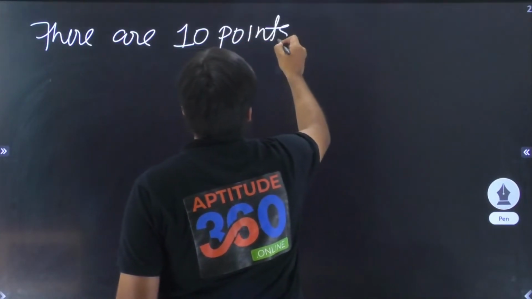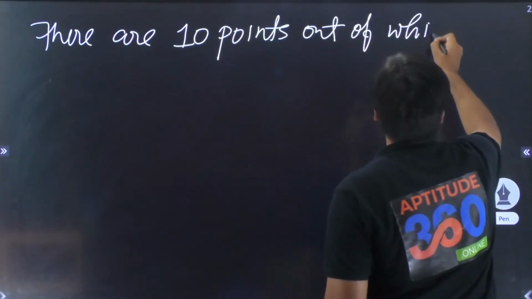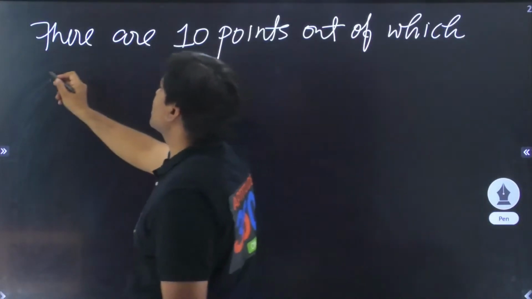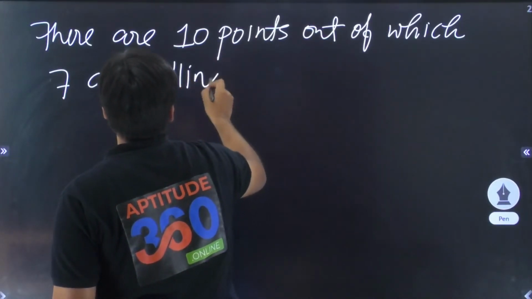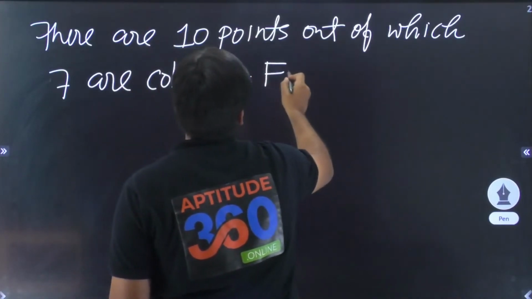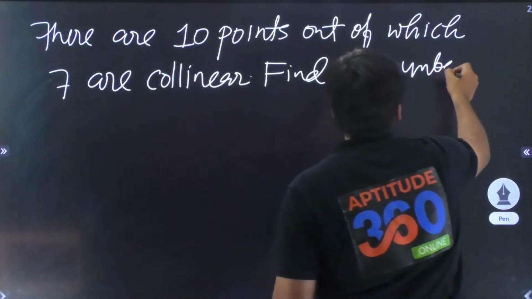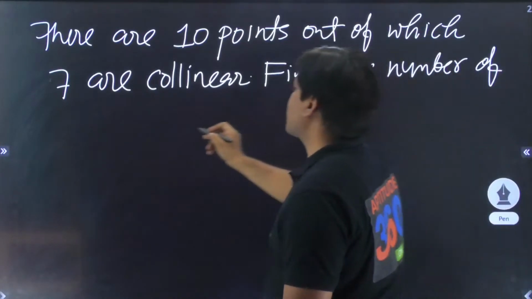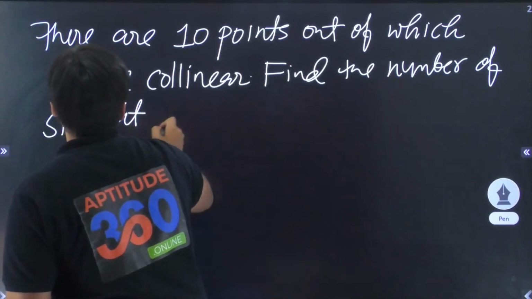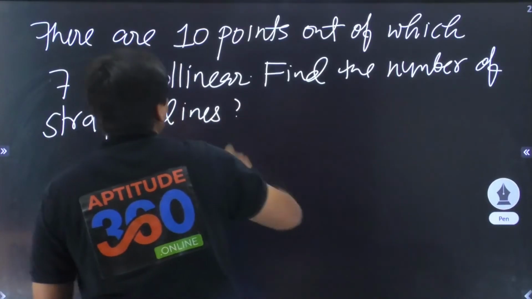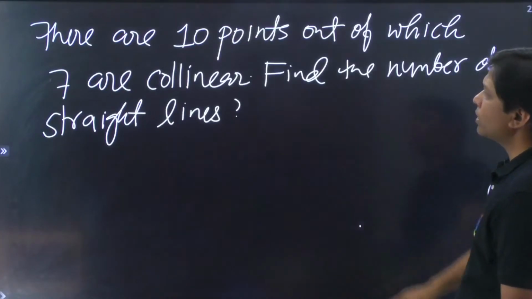There are 10 points, out of which 7 are collinear. Find the number of straight lines. What do you think is your answer? Take your time. Take 30, 40, 50 seconds to interpret what this problem is all about.